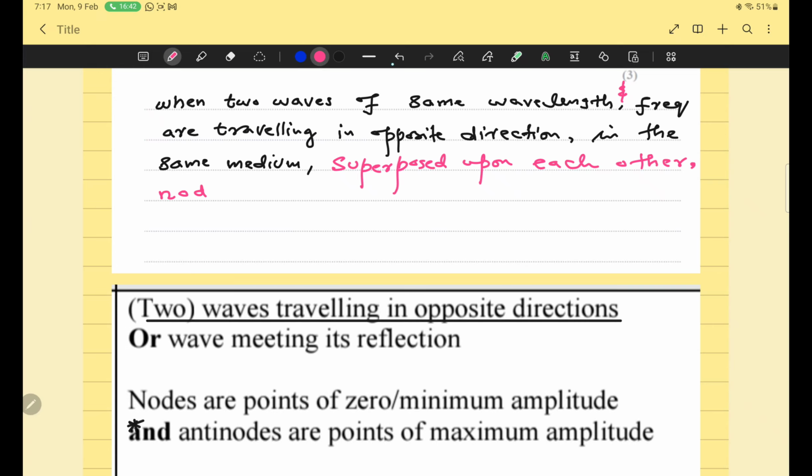antinodes. What is an antinode? Sir, an antinode is a point of maximum amplitude.